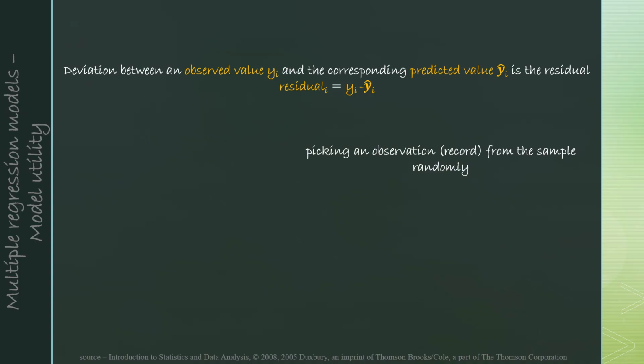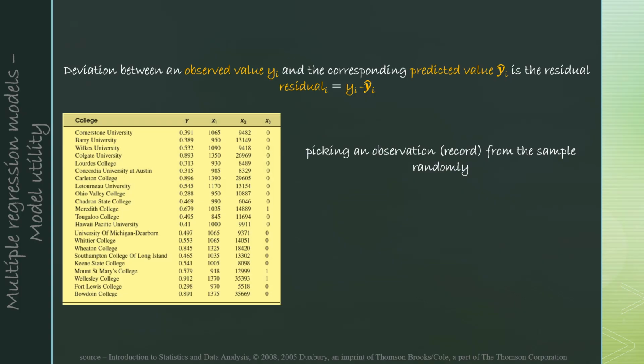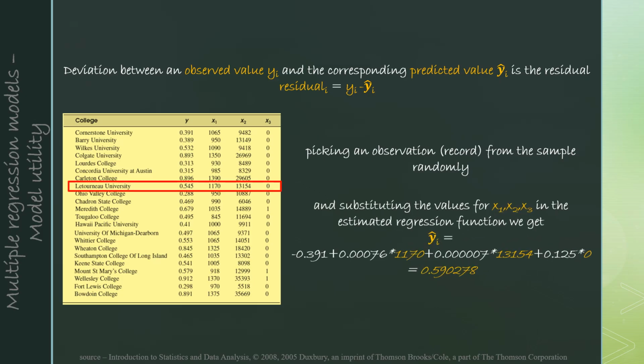Referring back to the college data example, picking an observation or record from the sample randomly and substituting the values for x1, x2, x3 in the estimated regression function, we get yi hat equals minus 0.391 plus 0.00076 multiplied by 1170 plus 0.000007 multiplied by 13154 plus 0.125 multiplied by 0 equals 0.590278.